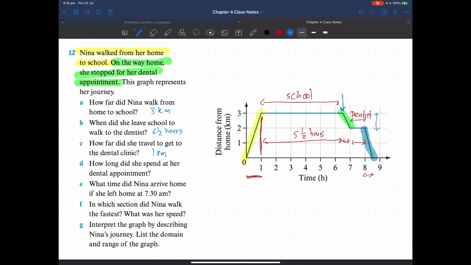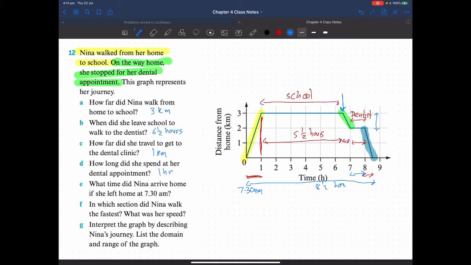How long did she spend at her dental appointment? She was there between 7 and 8. That is 7 and 8 hours. So that's 1 hour. What time did Nina arrive home if she left home at 7:30 a.m.? So if she left home at 7:30 a.m., she got back home after 8.5 hours.